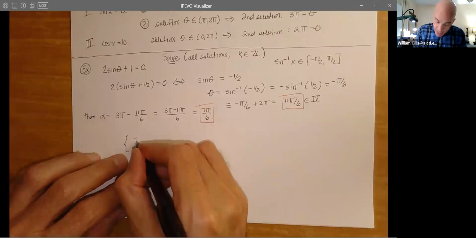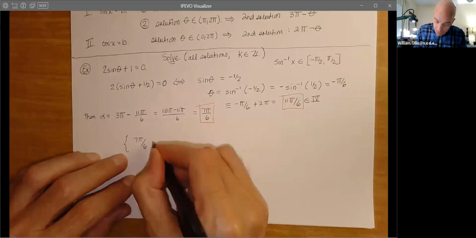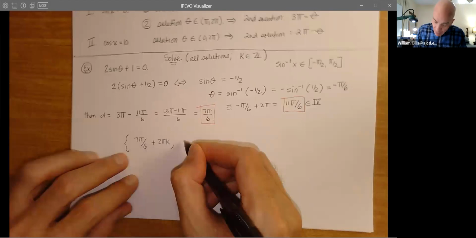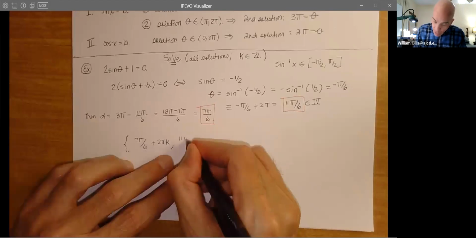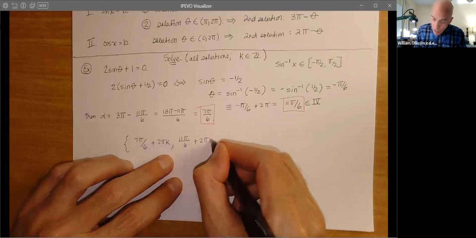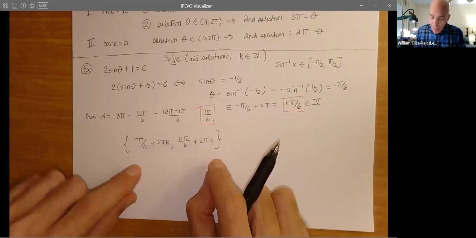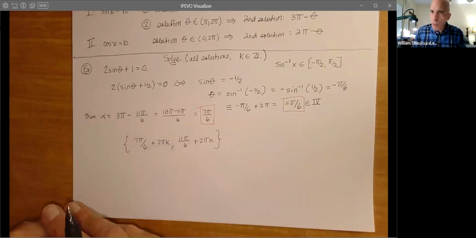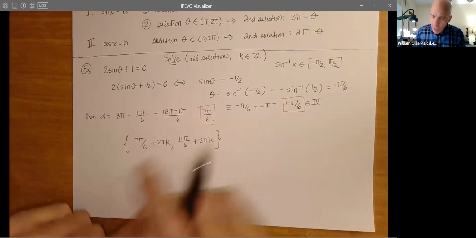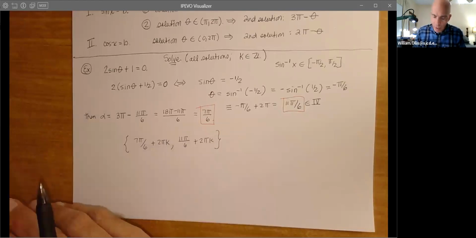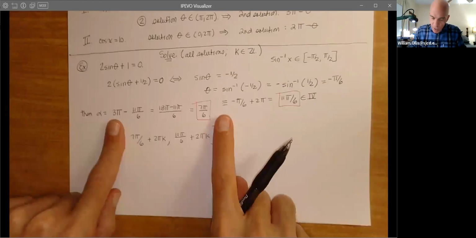So you can say 7π/6 plus 2πk, comma, 11π/6 plus 2πk. Now, sometimes we'll consolidate these, especially when they differ by convenient multiples of pi, but when they don't, we don't care about it. This is not redundant. All of these are incongruent mod 2π, so they're good. So this is really what goes in the box.